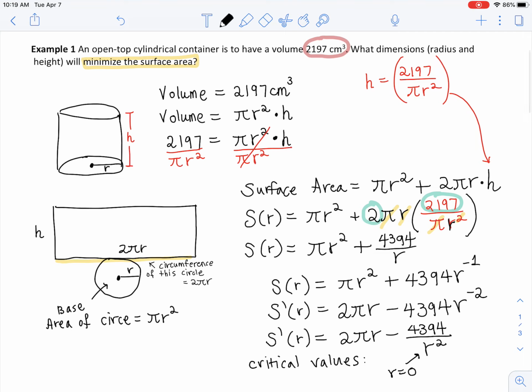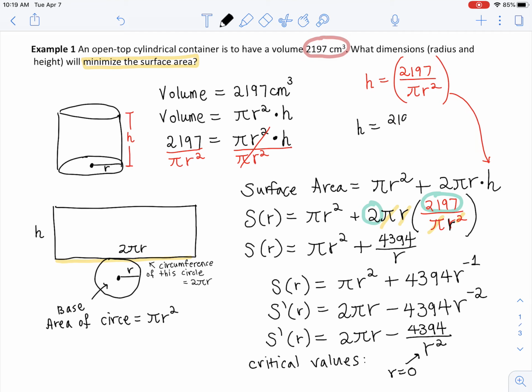Notice if r is equal to 0, then the derivative does not exist. So r equals 0 is mathematically a critical value. But here's the thing. Can I have a radius of 0 and still have an open-top cylindrical container? I mean, of course, that's definitely going to minimize the surface area because I'm not going to have any cylindrical container, right?